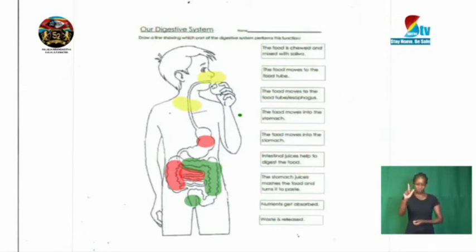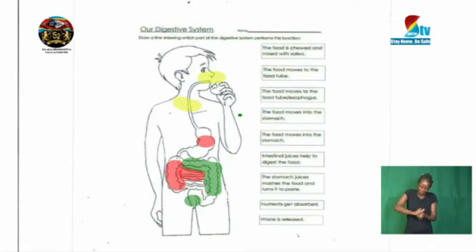As it goes down through the gullet, it moves by means of peristalsis, which is the squeezing movement of food along the alimentary canal. Then in the stomach, food is mixed with stomach juices, and from there, food will spend some time in the stomach before it moves on to the small intestines. In the small intestine, there is further breaking down of food by enzymes.